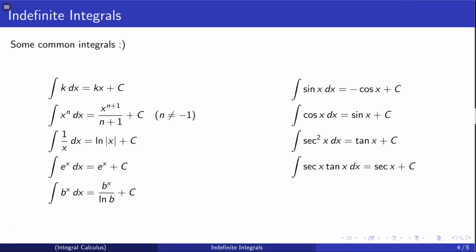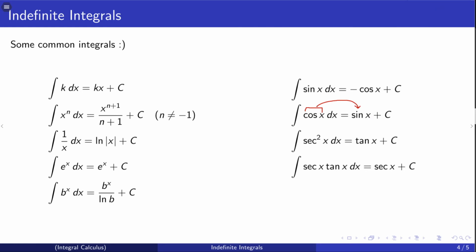And well, here's a list of some common indefinite integrals, or some common antiderivatives. And you will recognize all of them as simply the reverse of their corresponding differentiation rules. Right? So for instance, the derivative of sine is cosine. But when we write this in terms of an indefinite integral, we will say the integral of cosine x is now sine x plus c.